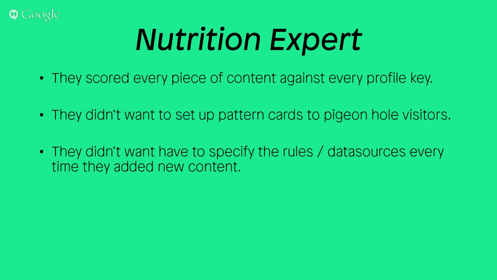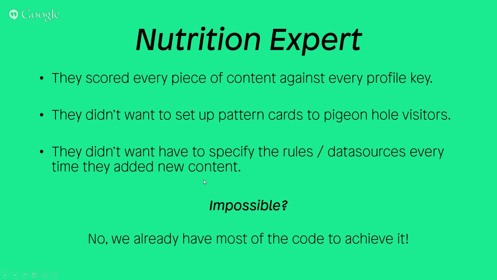That was going to be far too labor intensive for them, so they charged us with coming up with a solution, which we thought might be impossible, but no, actually, the stuff that we've seen during this presentation so far, we pretty much already have all the code that we need to achieve it.